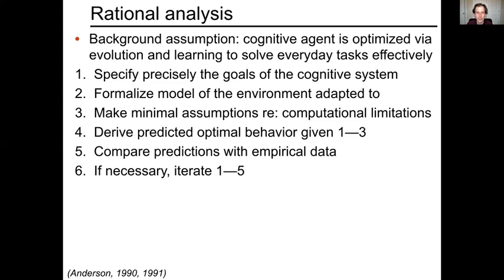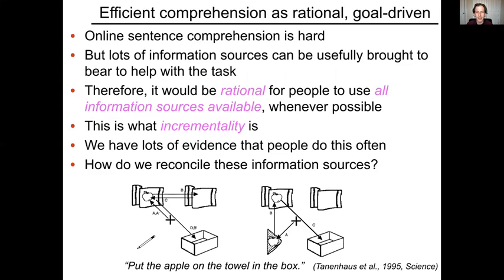In the context of language comprehension, this idea of rational analysis led to a picture so far that looks as follows. We understood that online language comprehension is hard, but there are lots of information sources that can be usefully brought to bear to help with the task.